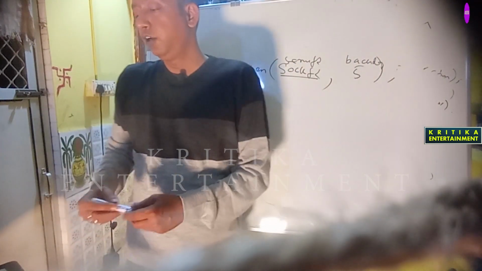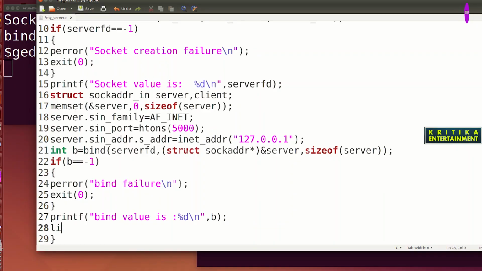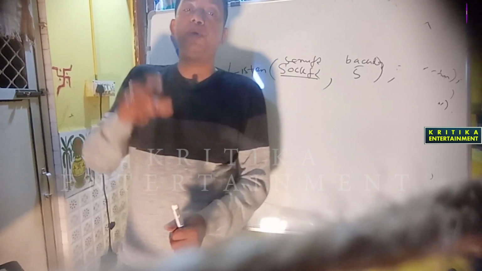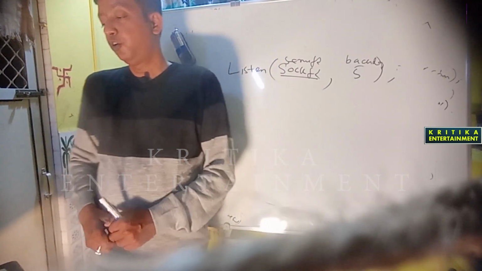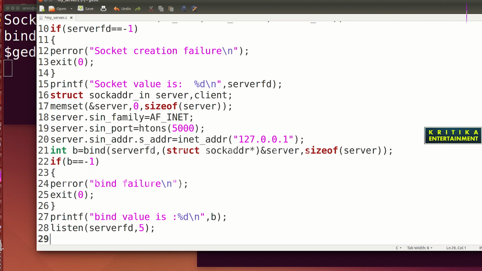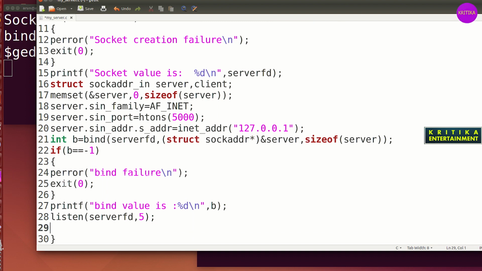So here you write listen, server fd, then 5, meaning 5 clients can be connected to the server. Then after this, what to write here? Now printf, you write server is ready.